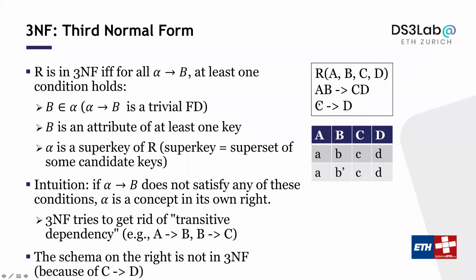Second, is the right-hand side an attribute of at least one key? No, because only AB is the key. Third, is the left-hand side, in this case C, a super key? That's also not the case. So because of the functional dependency C to D, this design is not in third normal form, and that is why we have a data redundancy in this design.